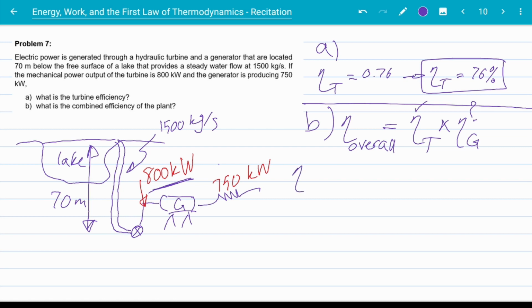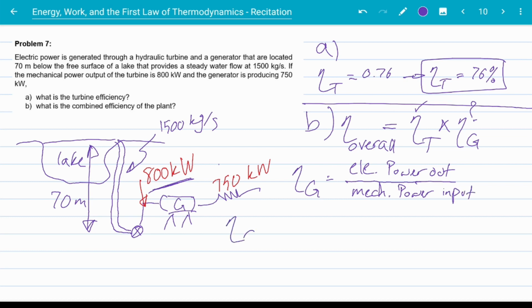So the efficiency of the generator is, again, the electric power output over the mechanical power input, right?